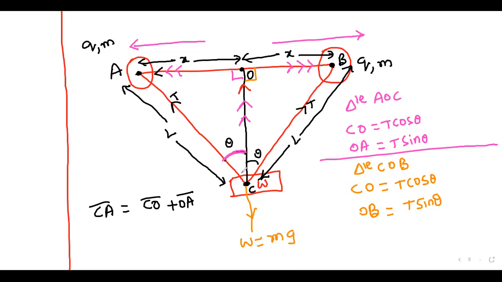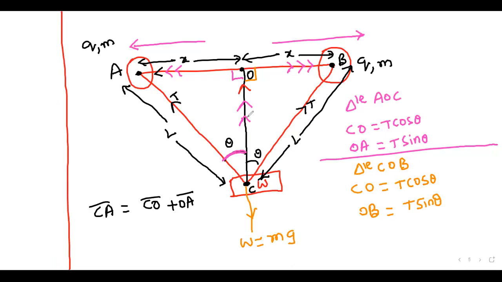Whenever the spherical balloons are in equilibrium, in the vertical direction, vertically upwards, we have T cos theta and here another T cos theta. So 2T cos theta is equal to mg, called equation 1.